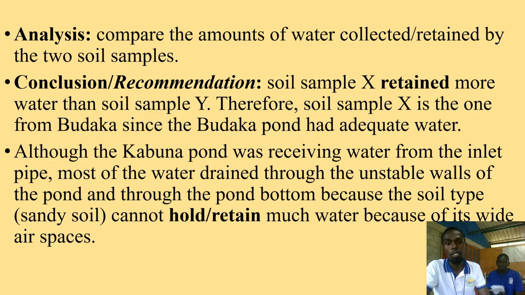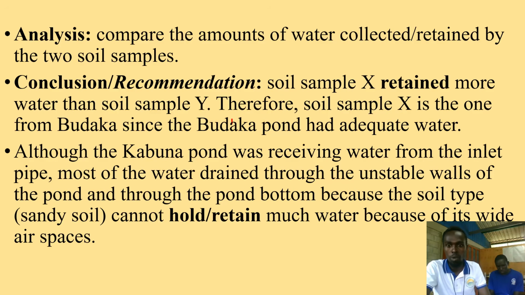Since the Budaka pond, this was actually a pond, had adequate water, which means it could not allow that water to go through it. Now that it had adequate water, therefore, it must have been very good at retaining water. Very good at resisting water drainage. Okay, then you continue.